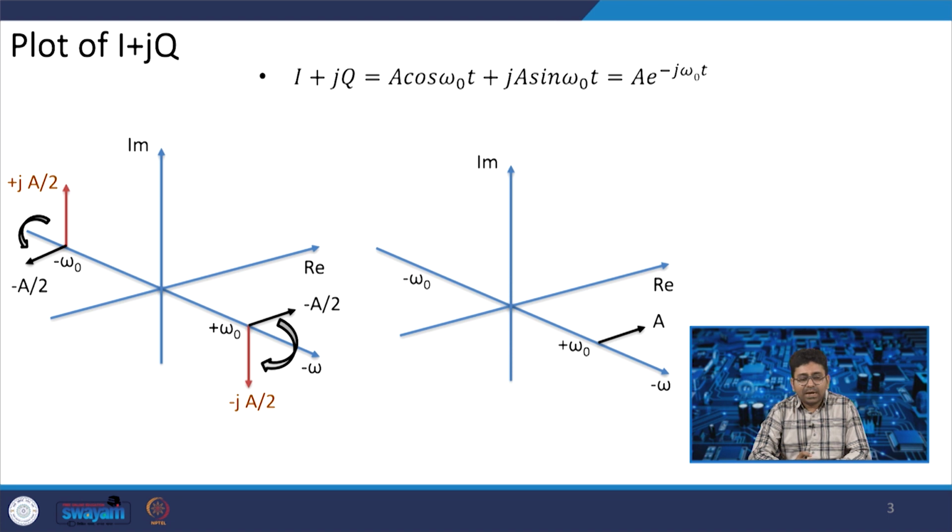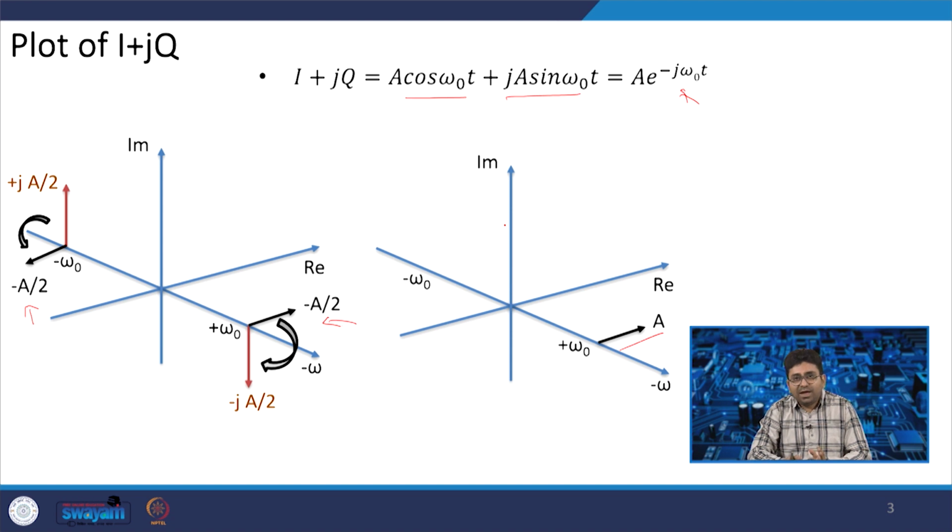We have already seen that if you have cos omega naught t, and then you add j sin omega naught t, there is a shift in the frequency, and the real part and imaginary part are multiplied with j, and finally you get a single tone e raised to minus j omega naught t.